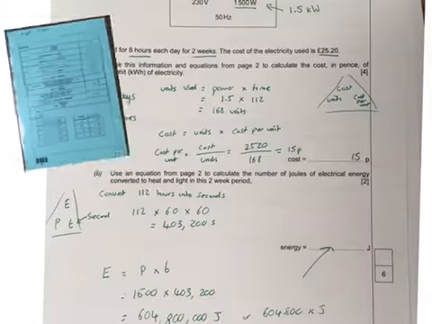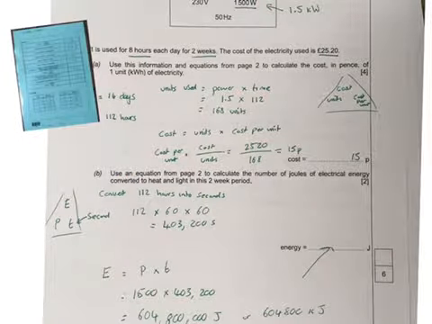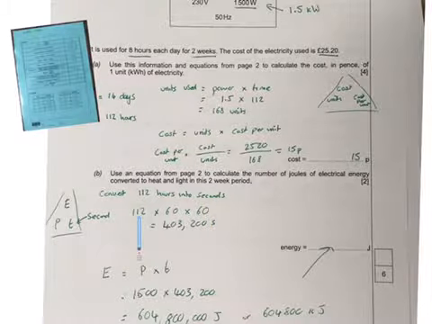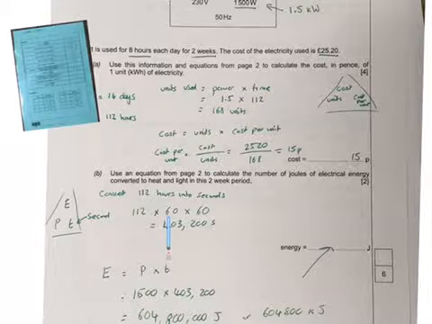If we're reverting to joules, then we need to come back to seconds for time, and we need to come back to watts for power. So I've got here, I'm saying, convert 112 hours into seconds. To do that, if I've got 112, well, I know there's 60 minutes in an hour. So I need to times that now.